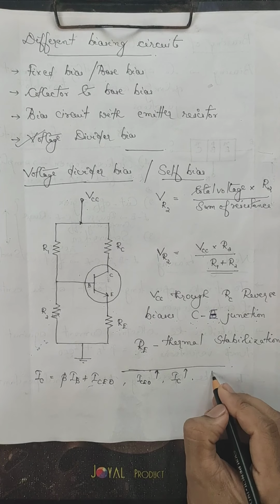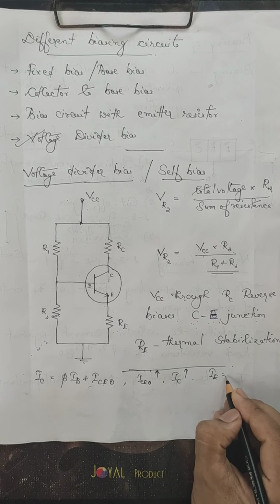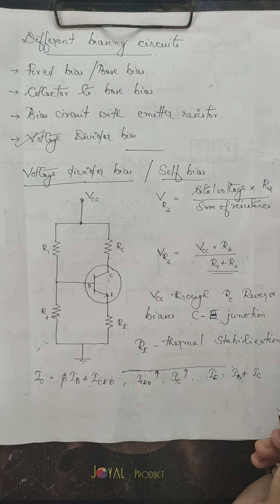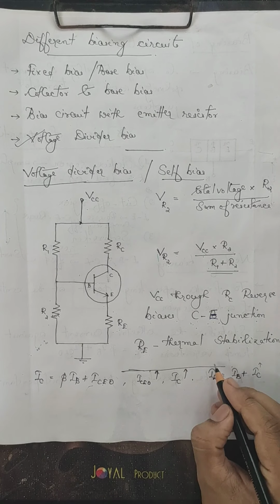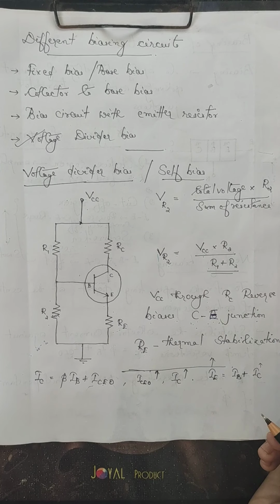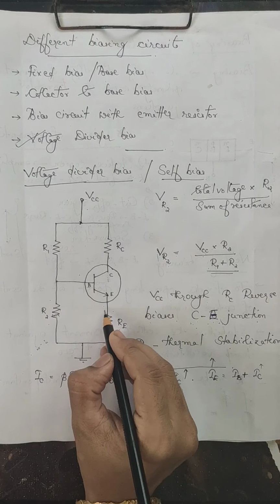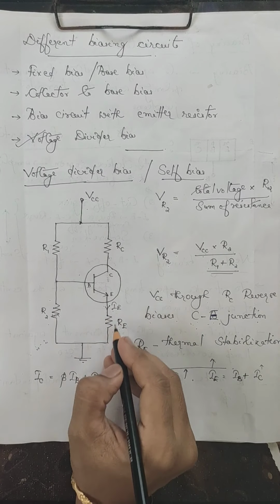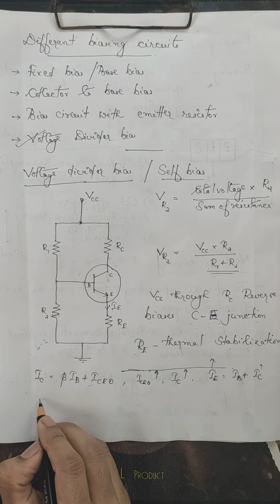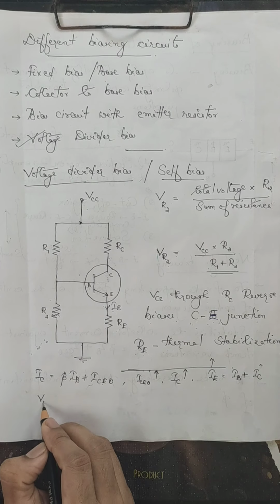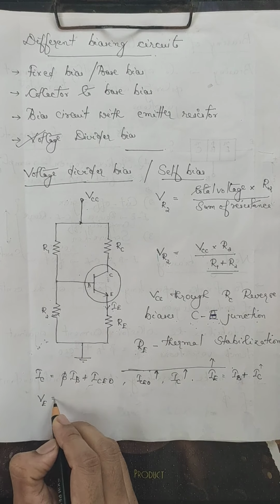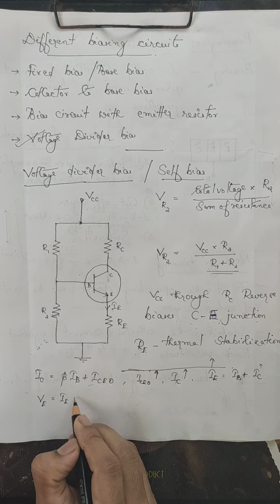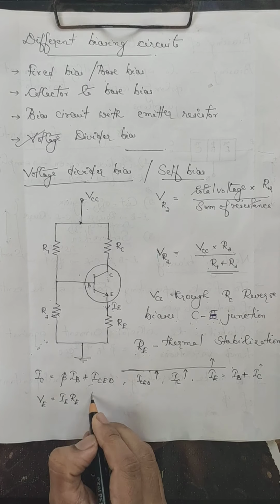And we know that the emitter current is the sum of base current and collector current. So when IC increases, emitter current IE also increases. IE is flowing through RE, so when IE increases, the voltage drop across RE, let it be denoted as VE, that is IE into RE, increases.